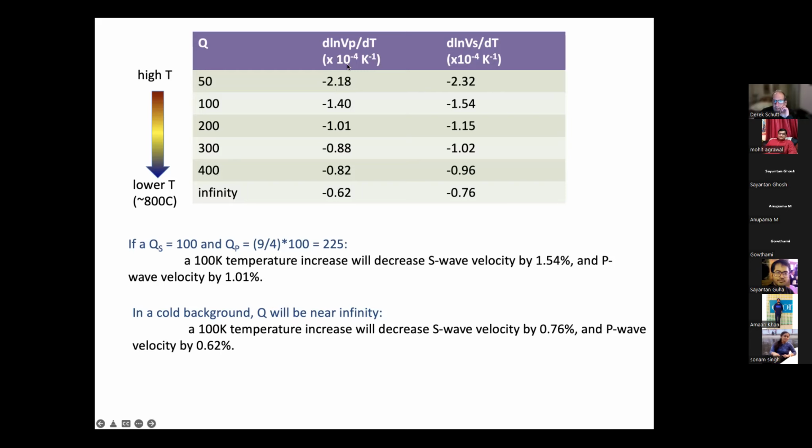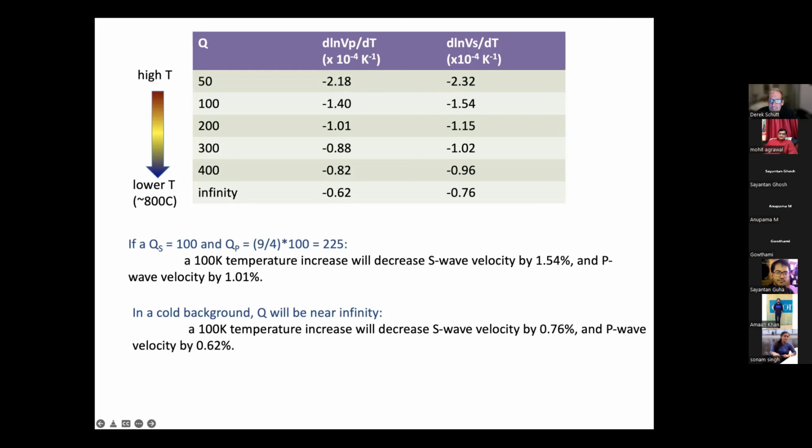So this means if I go up 100 degrees in temperature, I'm going to reduce P wave velocity by 2.18%. I'm going to reduce S wave velocity by 2.32%. Now, if I have a higher Q, for a 100-degree temperature change, I'm going to reduce P wave velocity by just 0.82%.